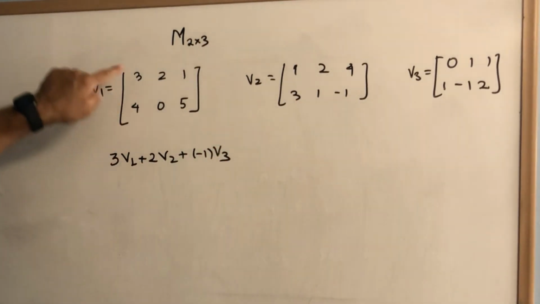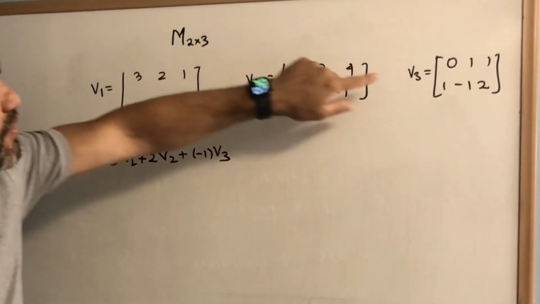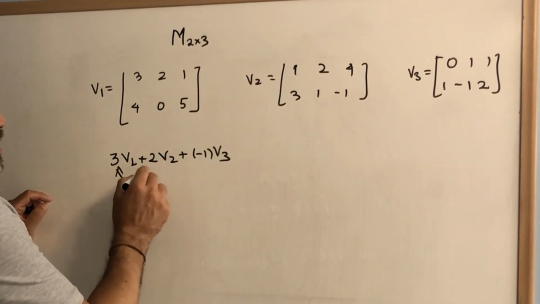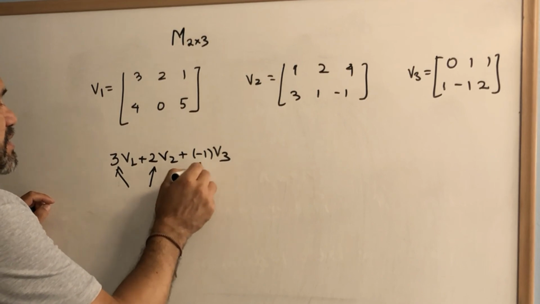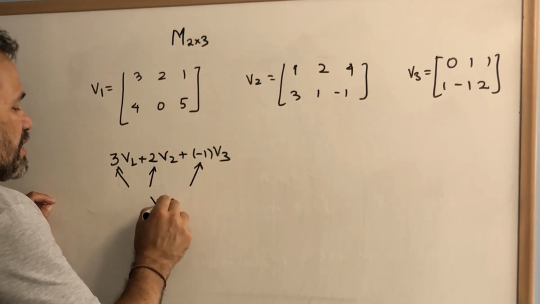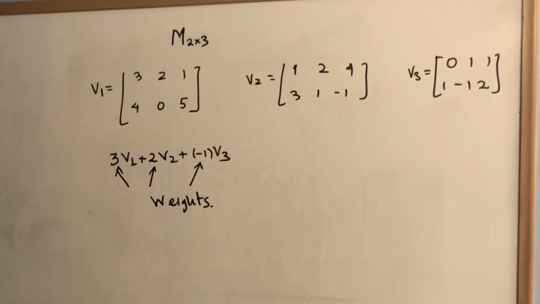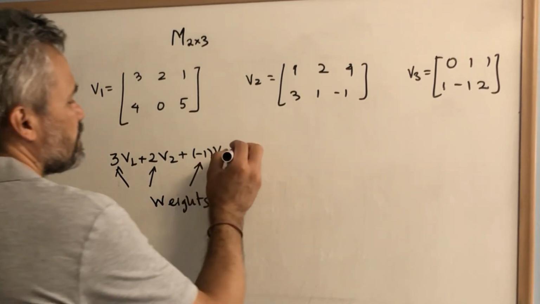This is just a linear combination of v1, v2, v3. And again, we're going to call this number 3, this number 2, and this negative 1 the weights of that linear combination. What do we get here?